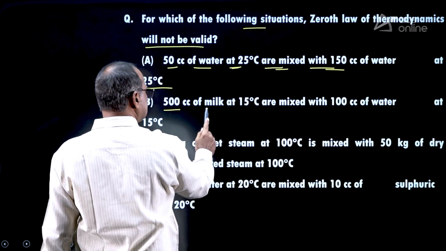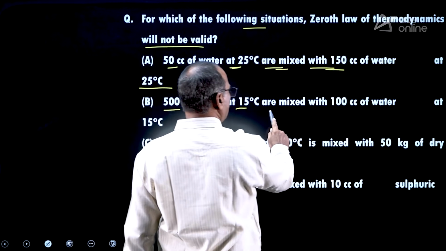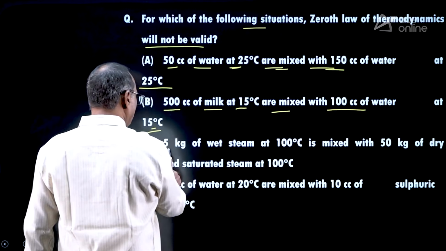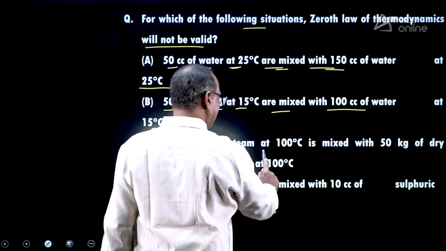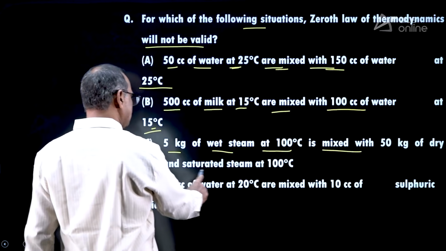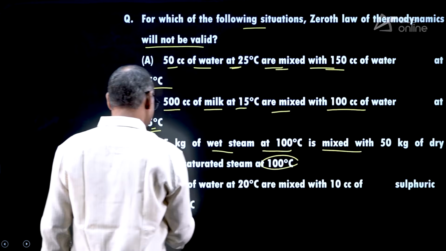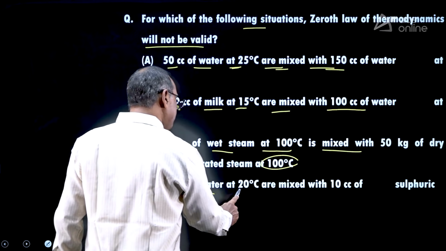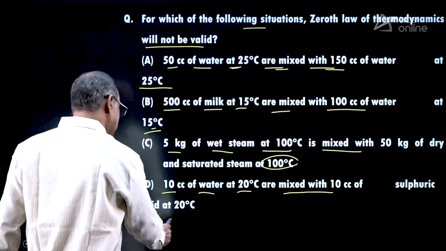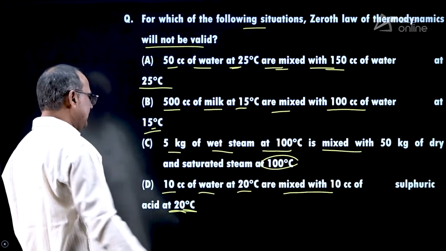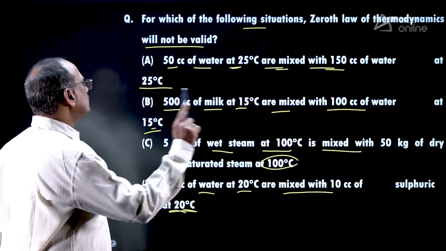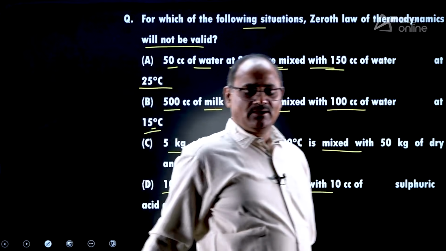B, 500 cc of milk at 15 degrees centigrade is mixed with 100 cc of water at the same temperature. C, 5 kg of wet steam at 100 degrees centigrade is mixed with 50 kg of dry and saturated steam at the same temperature. D, 10 cc of water at 20 degrees centigrade is mixed with 10 cc of sulfuric acid at 20 degrees centigrade. So, you are asked to decide for which of the following situations the zeroth law of thermodynamics will not be valid. Which is the correct option?